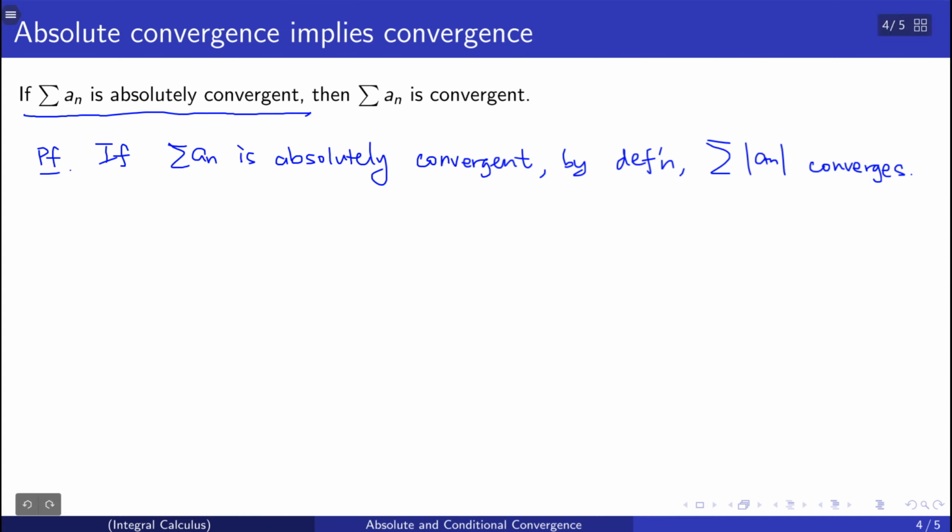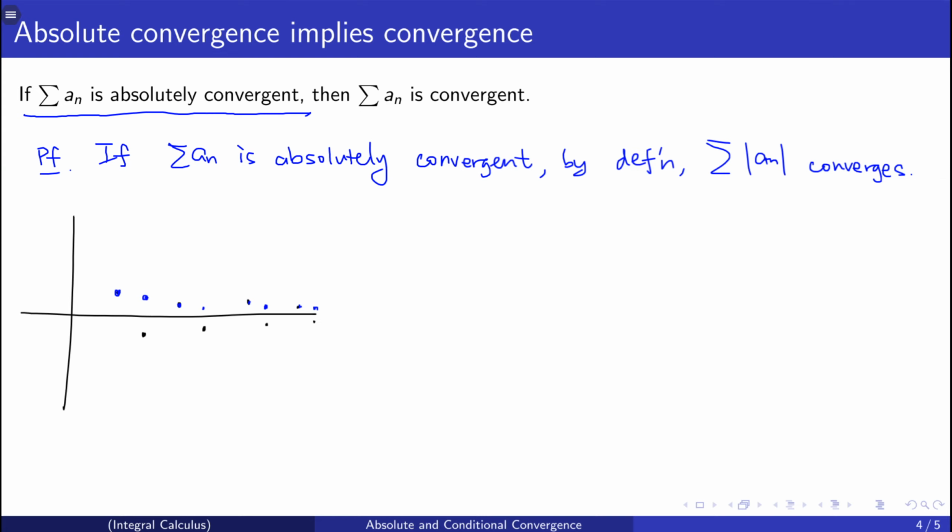So what will a picture look like there? If you have a_n, something like that, its series of absolute values will be everything moved above the x-axis.